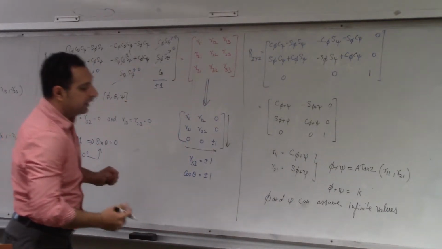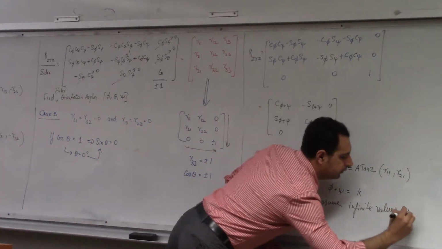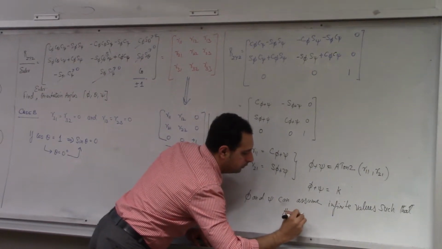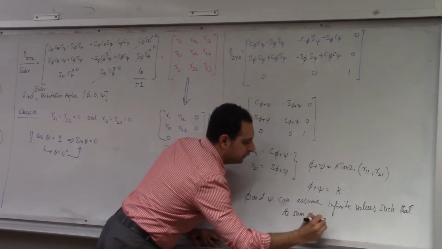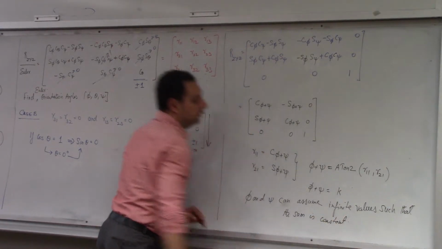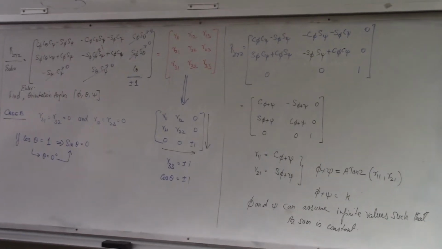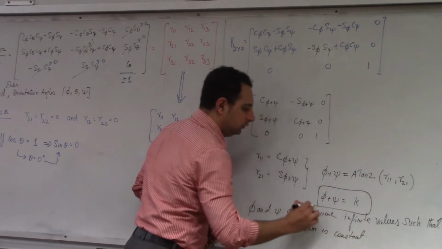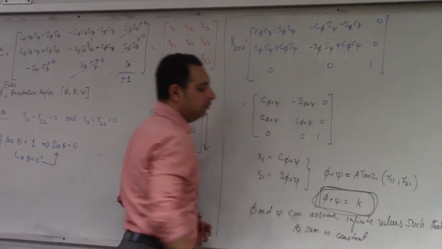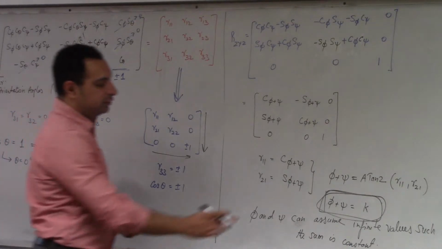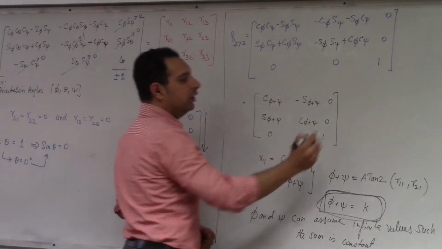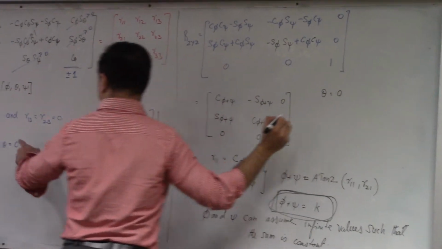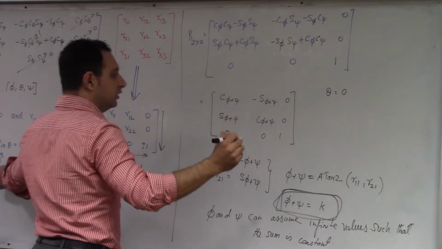Okay, so this can assume infinite values such that the sum is constant. So long as this is a constant value, please understand that there is no definite solution in this case. The only definite solution is for theta. Theta will be equal to 0 from here, because cos theta is 1.